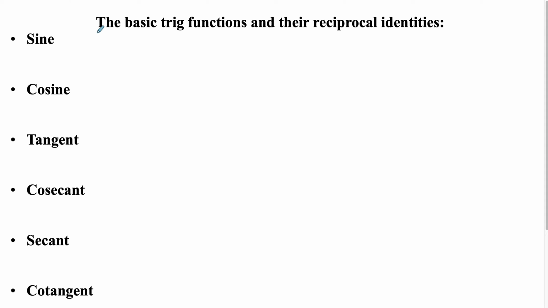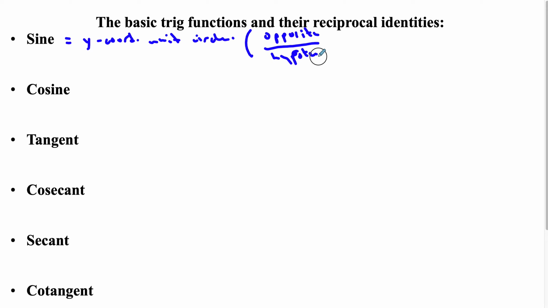Remember, sine is defined, just in the unit circle, as the y-coordinate on the unit circle, right? It is also defined as the ratio of the opposite to the hypotenuse in a right triangle, if you'll remember that.